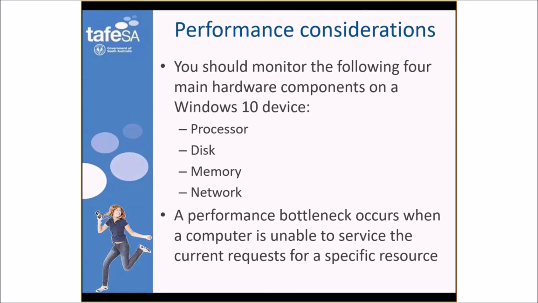It's just a matter of what is the most restrictive bottleneck. You want to make sure that's meeting a minimum standard. Performance bottlenecks occur when a computer is unable to service the recurrent requests for a specific resource, whether that be processor, disk, memory, or network, depending on what you're trying to get your computer to do.